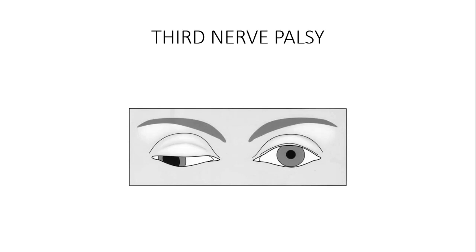External compression will not, but because there is slow progressive microangiopathy from these conditions, they can affect the vasa nervorum and then cause third nerve palsy. But it does not affect the superficially placed pupillomotor parasympathetic fibers.